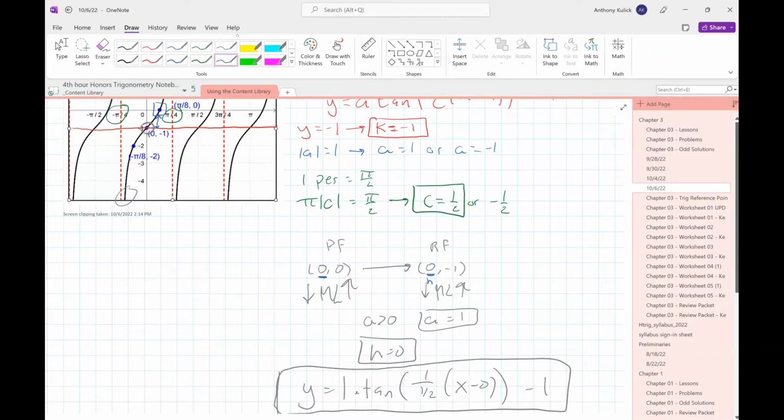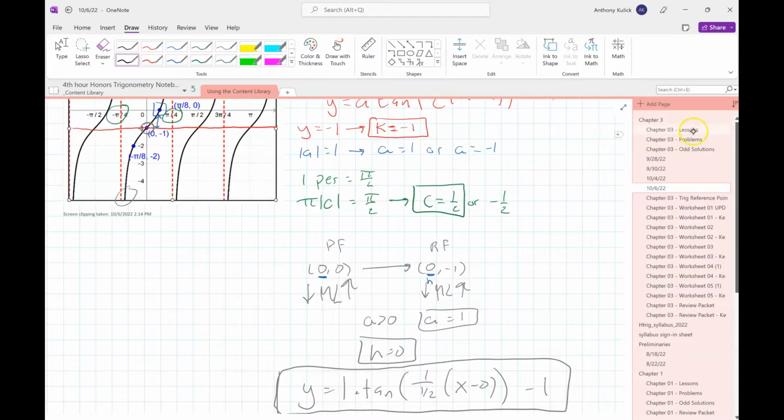Is this really any different than the things that we've done before? It's the exact same stuff, right? This is where I wanted to stop. That's all of 3-2. That's enough.